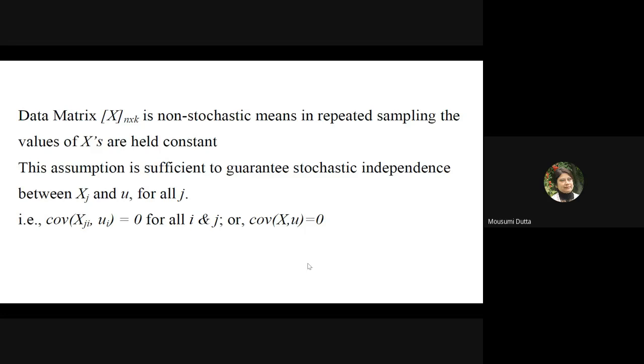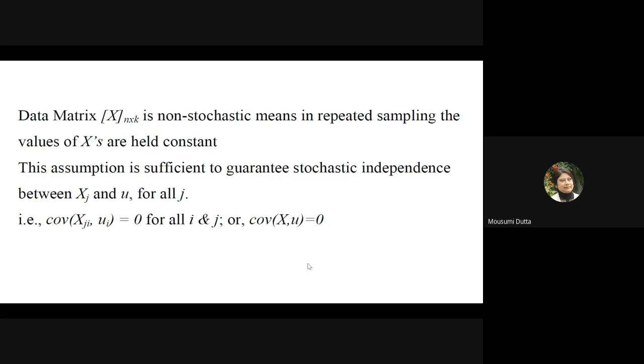We consider this to be non-stochastic. This means in repeated sampling, the values of x's are held constant. This assumption is sufficient to guarantee stochastic independence between x and u. In other words, we assume covariance between the X matrix and u vector is absolutely equal to 0.